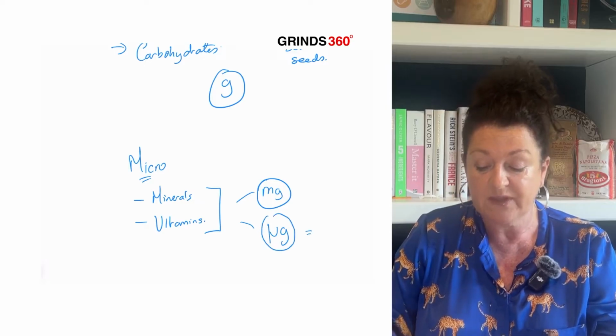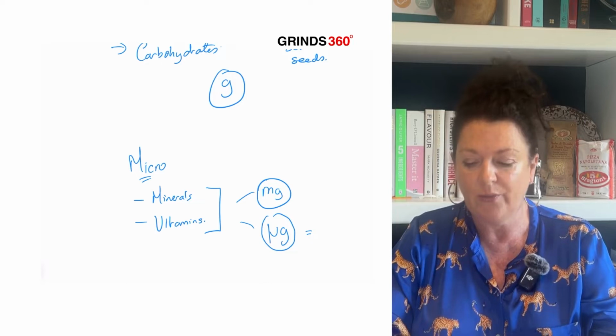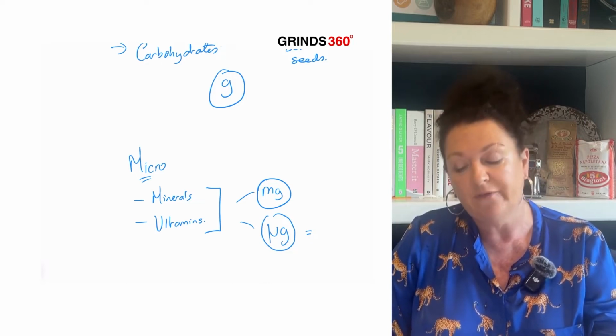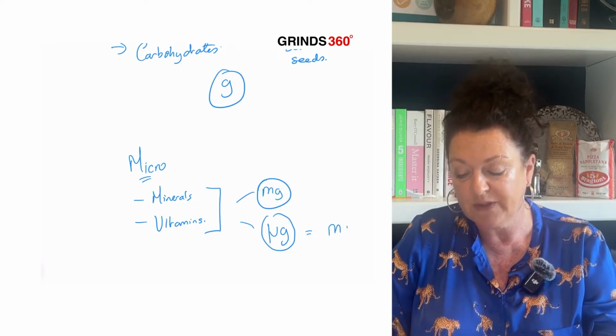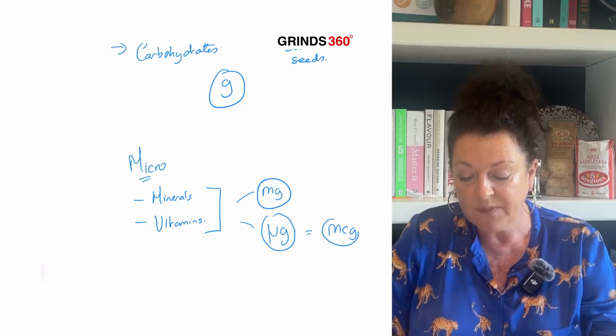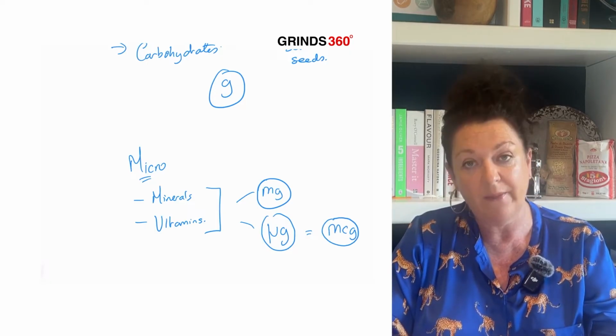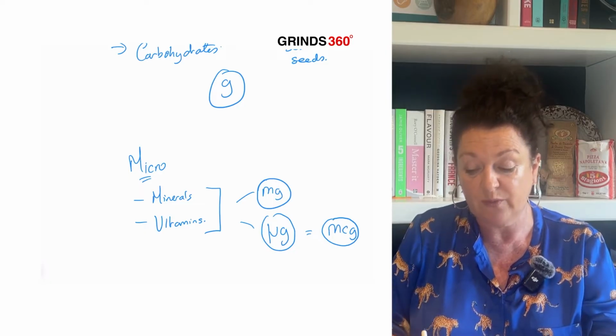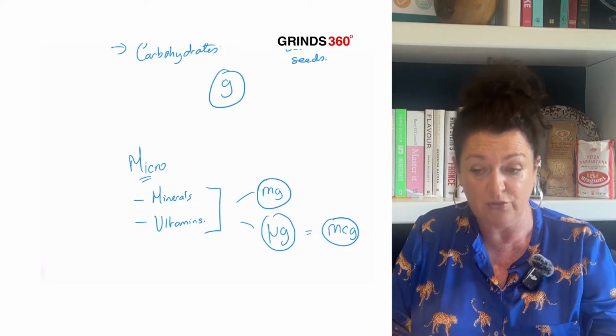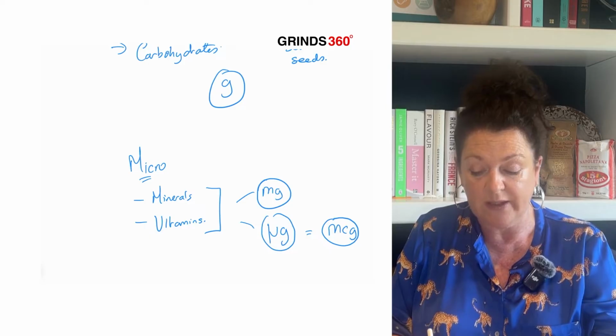Now, sometimes, depending on how neat you are, that might not be very clear. So I do say to my students, MCG is the way to go for this particular measurement rather than this one. But either or, once you make sure that this measurement is quite clear.